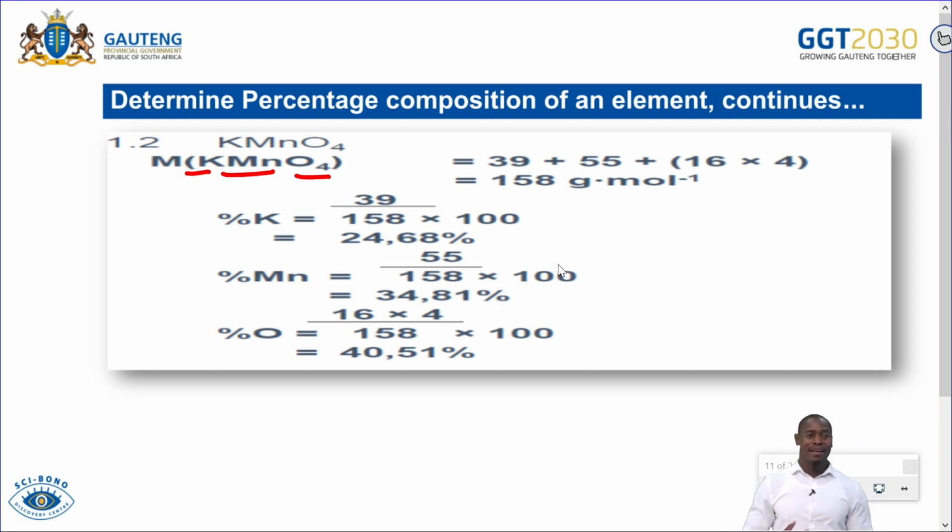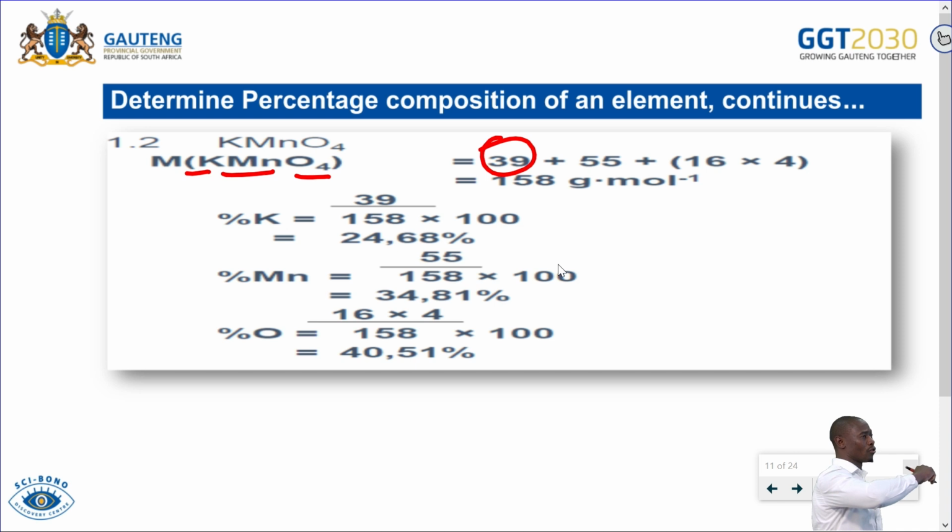So again, the first thing that we need to do so that we can get the percentage of potassium, the percentage of manganese, and the percentage of oxygen in 1 molecule of potassium permanganate, right? So we have to start by calculating the molar mass of potassium permanganate. So potassium is 39, that is the relative atomic mass from the periodic table.